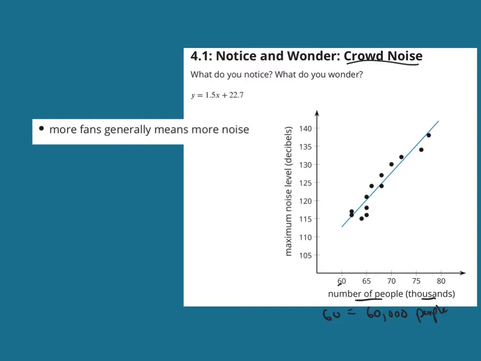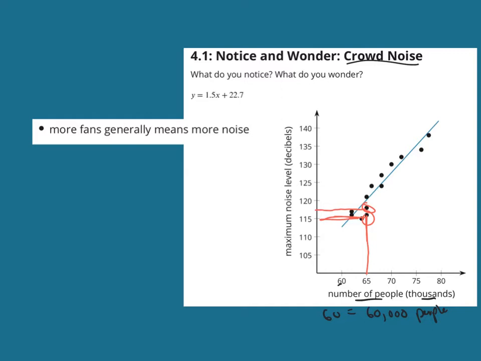Well, let's take a look at a specific value. Somewhere around 65,000 fans, it looks to me like there are several different decibel levels. There's one around 115, and then there's another one there. So it seems like at 65,000 fans, there's more than one decibel level.